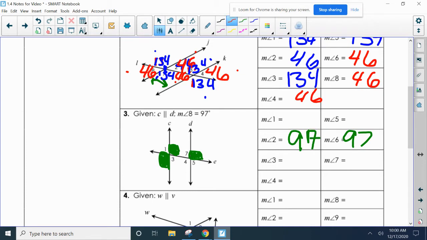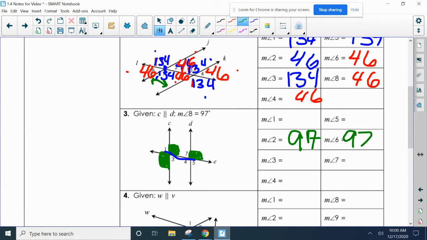I know that I've shaded them in. I know that 8 and 4 are both on the inside. On the 8 is top, 4 is bottom on that opposite side of that transversal.